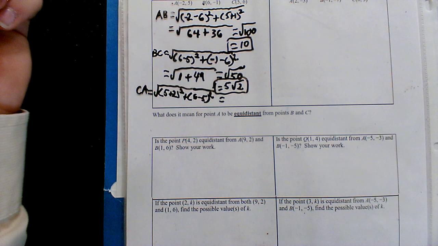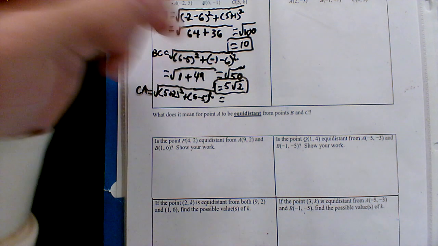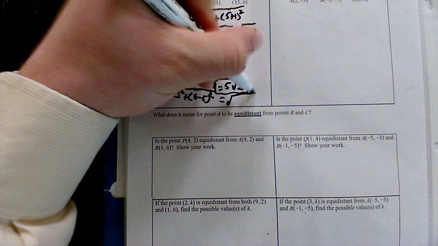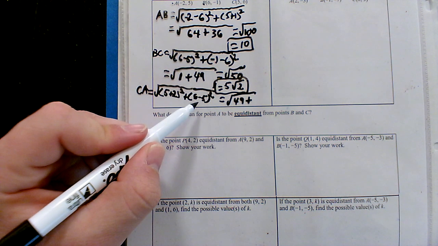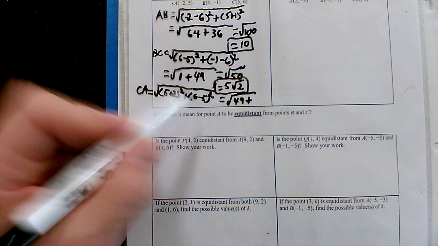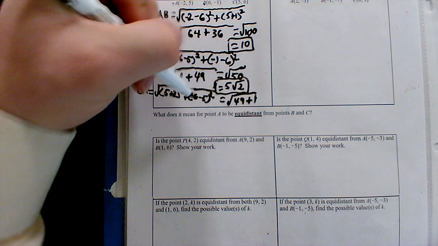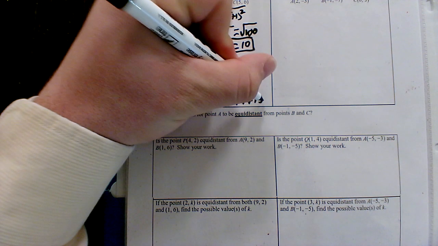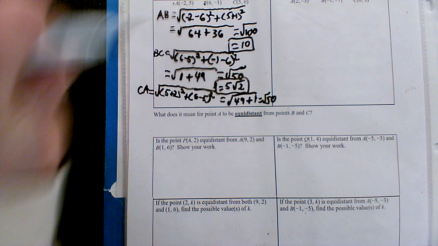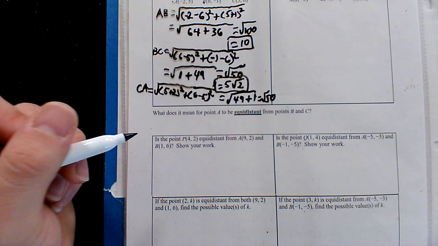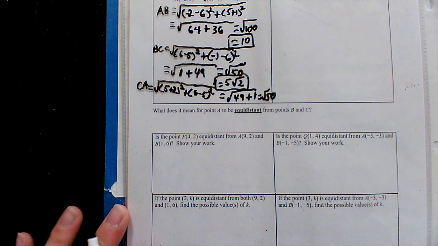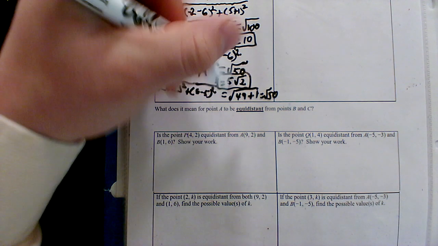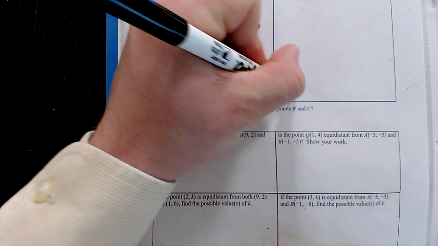Well, 5 plus 2 is 7, and 7 squared was 49. 6 minus 5 is 1, and 1 squared is 1. So we get square root of 50. Square root of 50 reduces to what again? Five square root of 2.